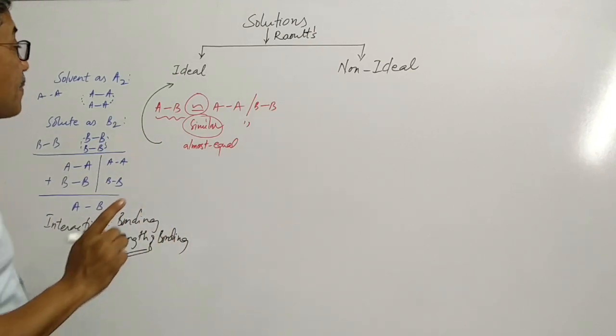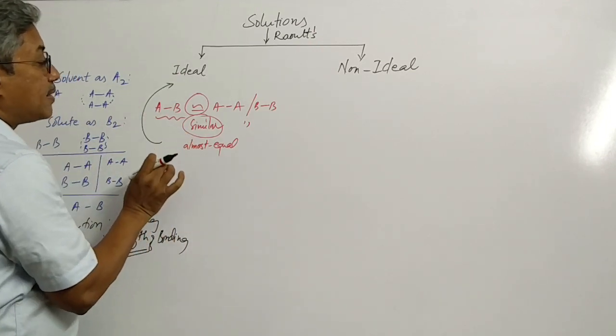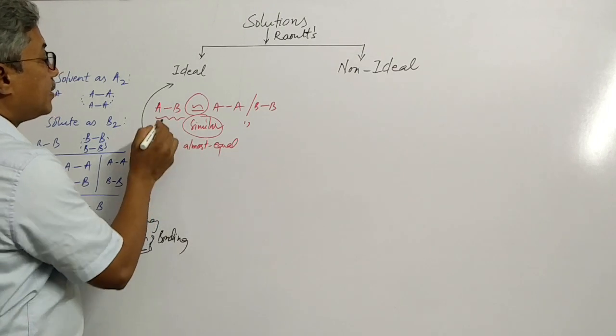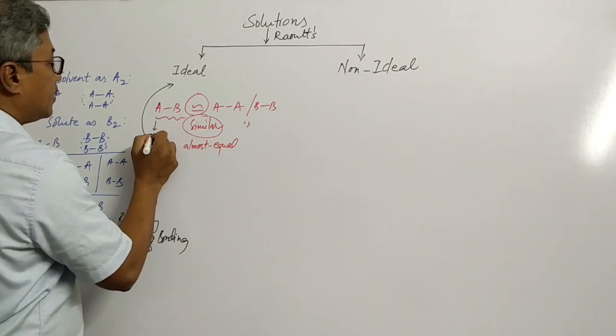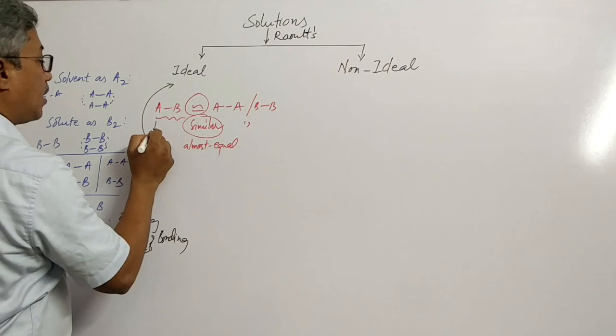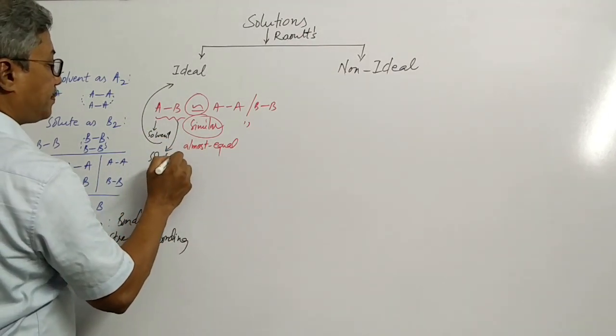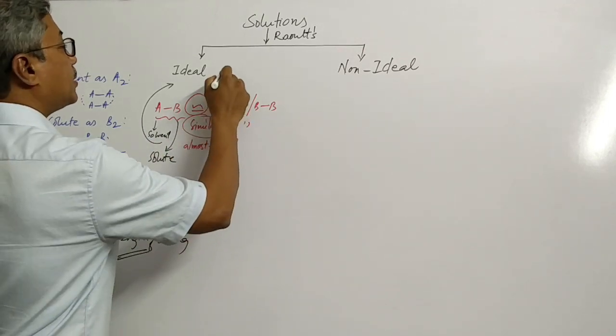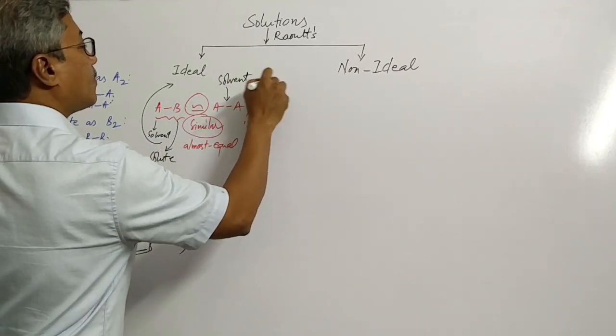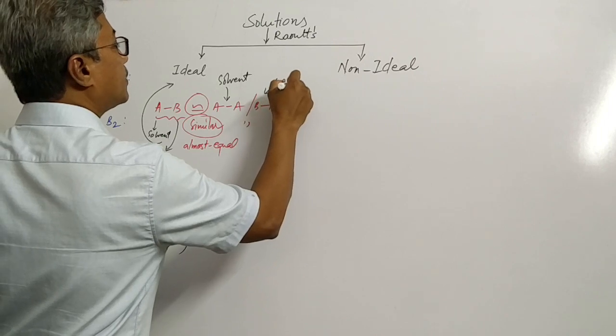Is that clear, students? What do ideal solutions mean? What is this? Solvent. And what is this? Solute. This is only solvent, and this is only solute.